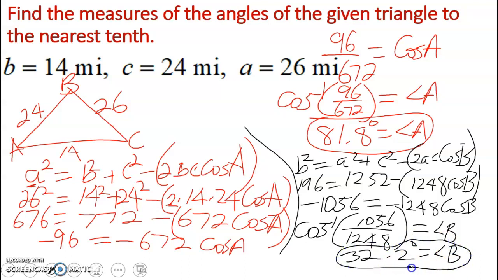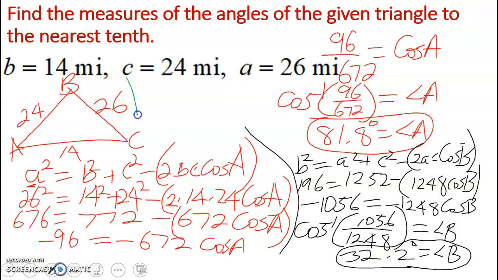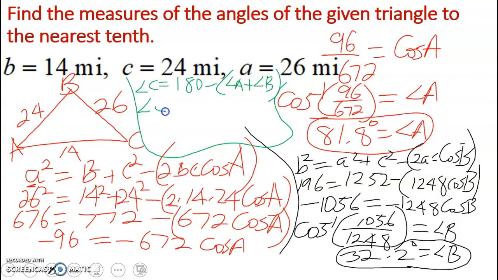All right, out of space. So now that we know our two angles, we can add them to find angle C. Angle C is going to be 180 minus the sum of angle A plus angle B, the two angles we just found, because the sum of angles in a triangle is always 180.